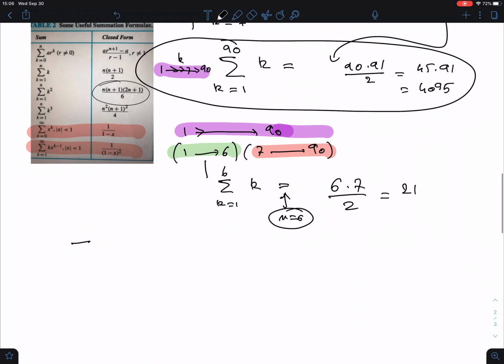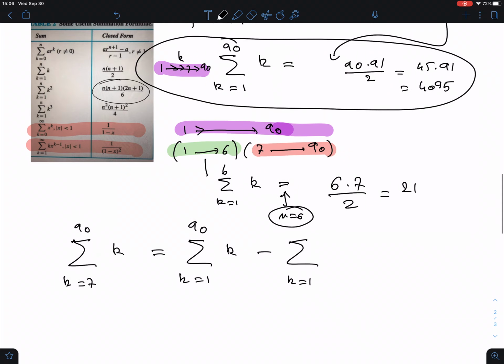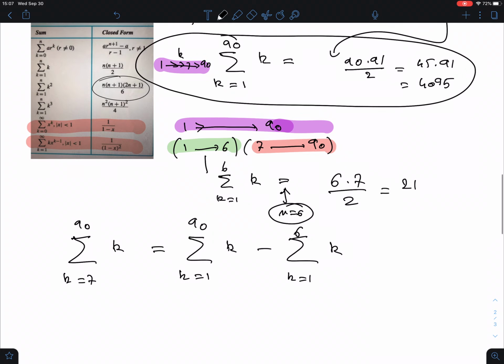So in conclusion, the sum going from 7 to 90 of all the k is equal to the sum going from 1 to 90, and then we counted too much, so we subtract what we counted. If you want, this is kind of the inclusion-exclusion principle again. We go from 1 to 6. Be careful, right? The last one I don't want to count is 6. I do want to count 7, so I should not subtract it. That's why I go up to 6 here.